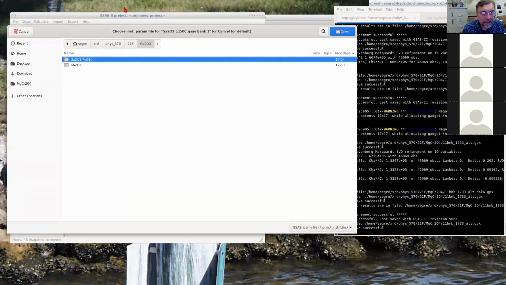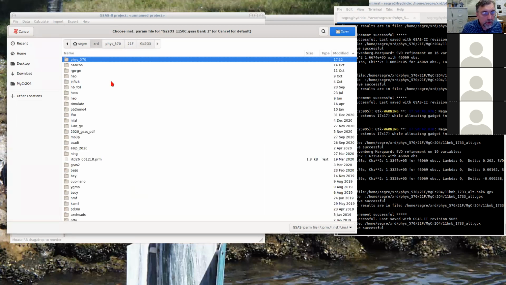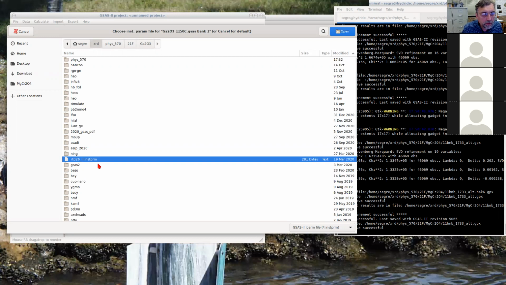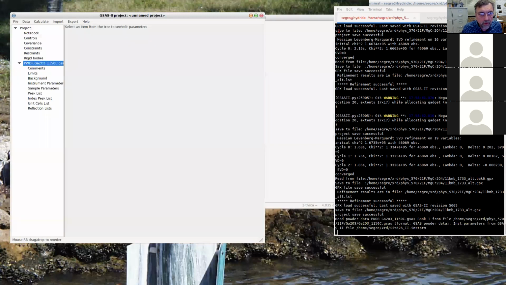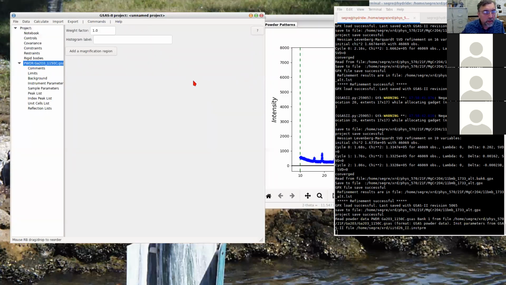Now you notice it's asking me for an instrument parameter file. That's what it does with the GSAS data because it doesn't contain that instrument parameter file. I know my instrument parameter file is up here. It's called IIT D262 instparam, which is the parameter file that seems to fit the best.